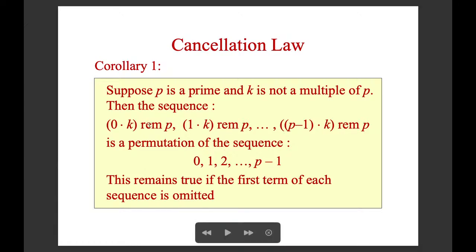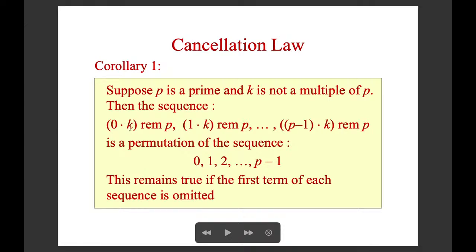So if we take the remainders, they will form a permutation of the sequence 0, 1, 2, up to p minus 1. What does that mean? It means that exactly one of these numbers will have remainder 0, exactly one will have remainder 1, and so on and so forth.